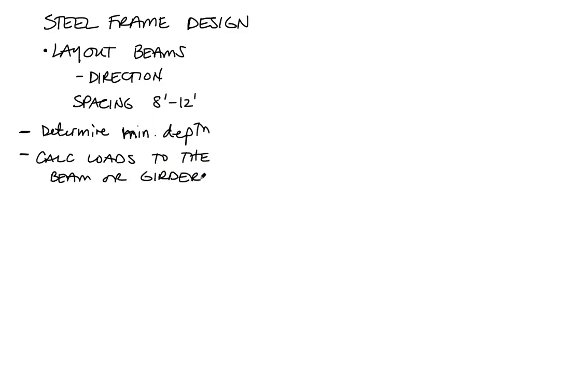And you'll be told whether to use ASD or LRFD. And just to give you a quick reminder, the ASD is dead load plus live load, or some sort of reduction involved. And you would need the moment from the ASD table to be greater than or equal to the required moment.